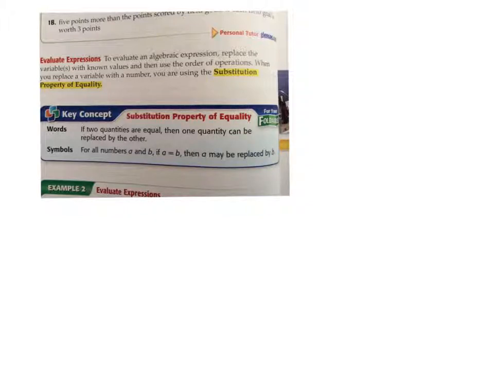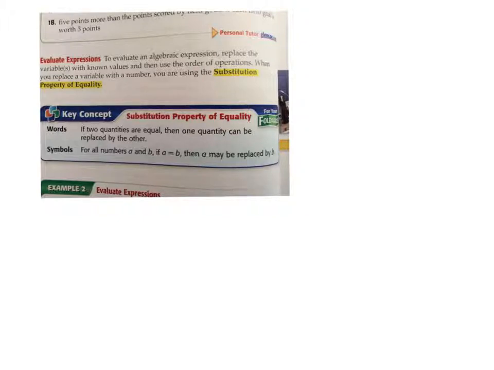Basically, what this means is that if two quantities are equal, then one quantity can be replaced by the other. Well, that makes sense, right? Because if you have a batch of apples and another batch of apples, do you want to count two batches of apples? No way. You want to put them together, so you just go ahead and make them equal.